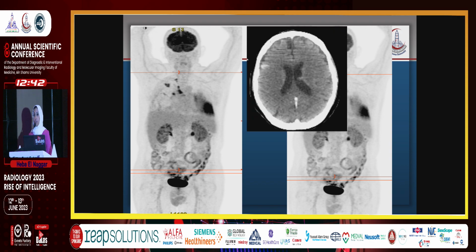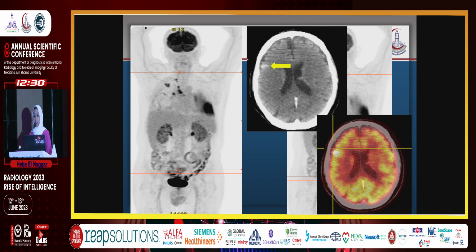As we look at the conventional CT image, and luckily it was a contrast one, we can see an ill-defined high enhancing lesion here in the right parietal region. When you look at the fused images, you can see focal increased metabolic activity here, and this is a space-occupying lesion, a metastatic deposit from the lung cancer.